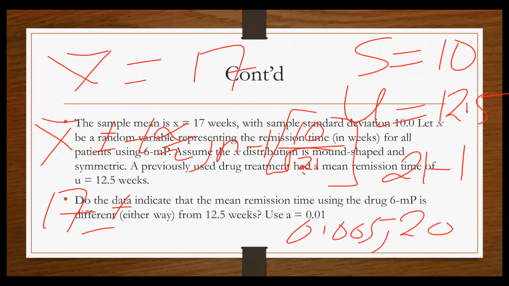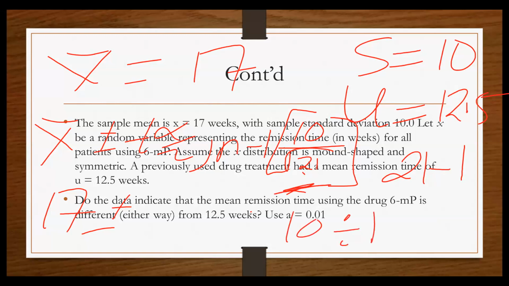First, let's deal with this part. What is 10 divided by the square root of 21? You get 2.182.